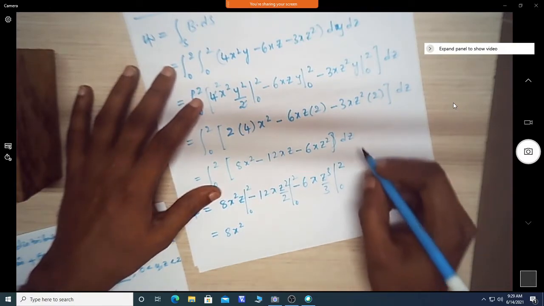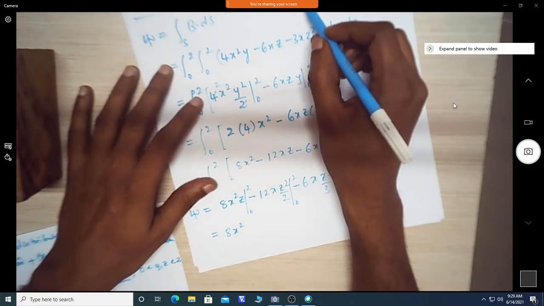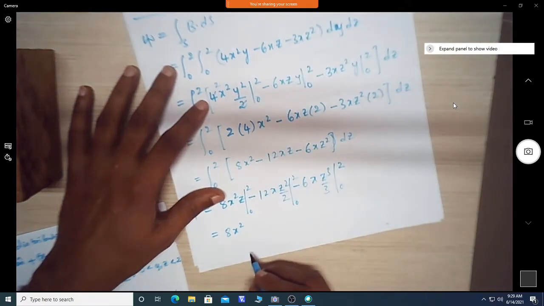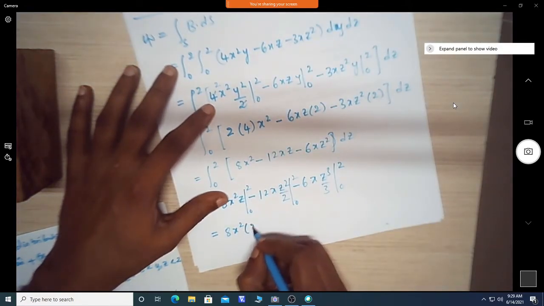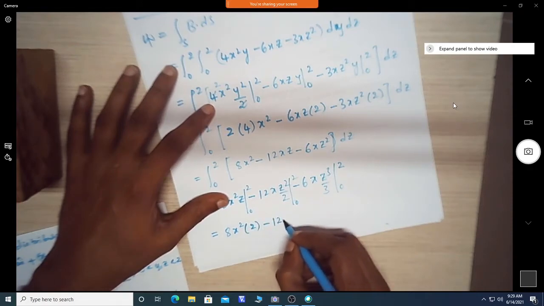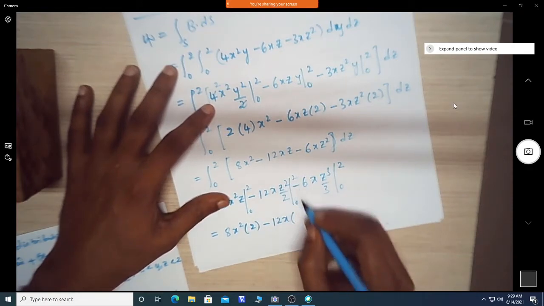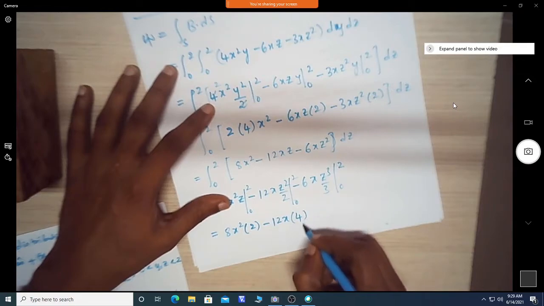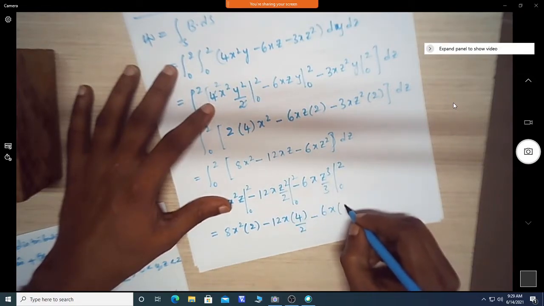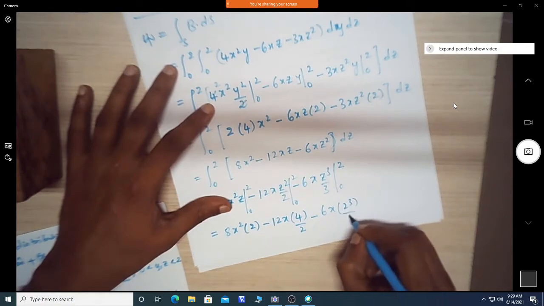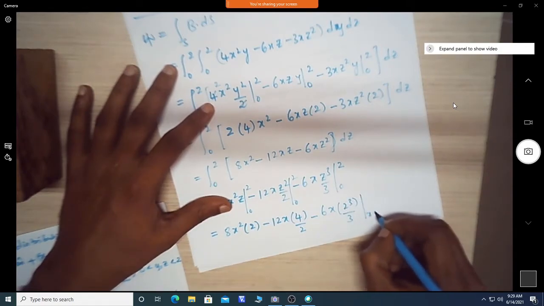Now we have x equal to 1, which is constant, that also we can substitute. So that is x square z, if I substitute, it is 2, minus 12x into z square, which is 4, divided by 2, minus 6x into 2 cube, which is 8, and x equal to 1.